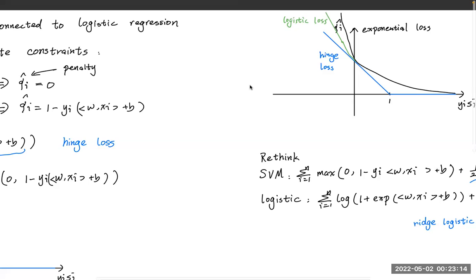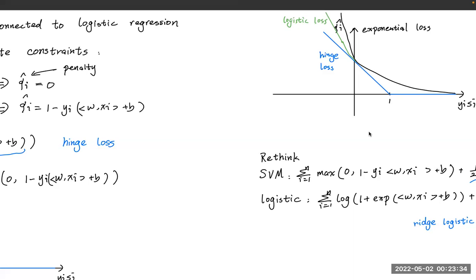Okay, so therefore now this plot actually shows the connection: we may somehow claim that AdaBoost using the exponential loss is an approximation to logistic regression.